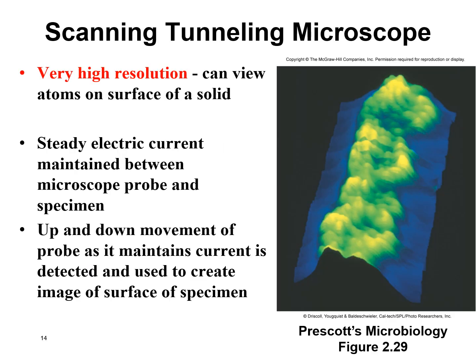So the scanning tunneling microscope has very high resolution, and what it does is it has a very fine tip probe. The tip on the probe is actually one atom thick, so it's very, very thin. And the probe will be a certain distance above the specimen that you're looking at.